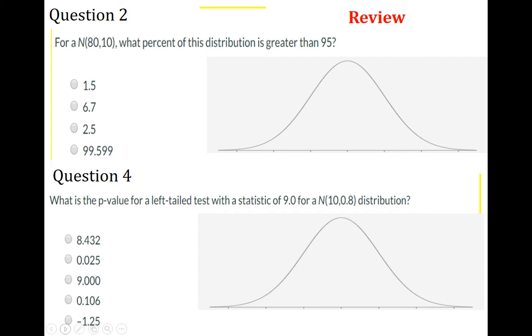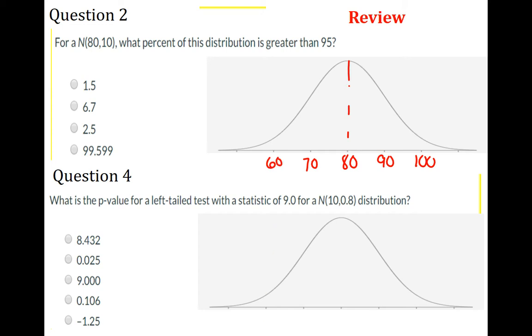But let's start here with a little bit of a review, right? So the question is, for a normally distributed set of data on a normal distribution of 80, remember, that means 80 is my center value, and I'm standard deviating by 10.